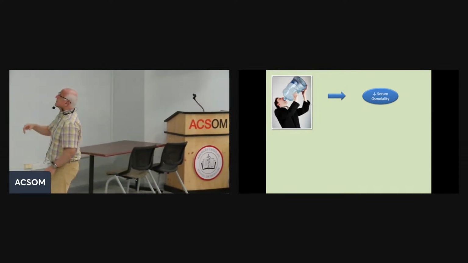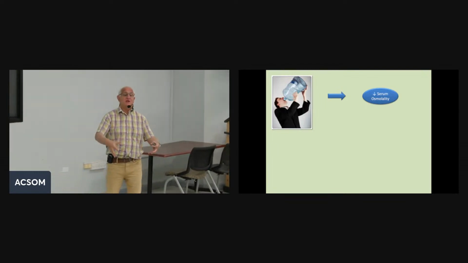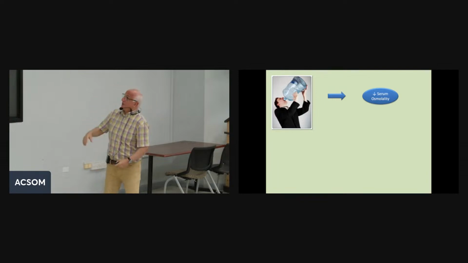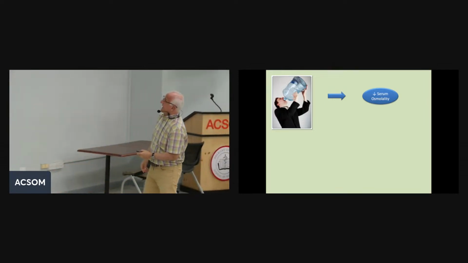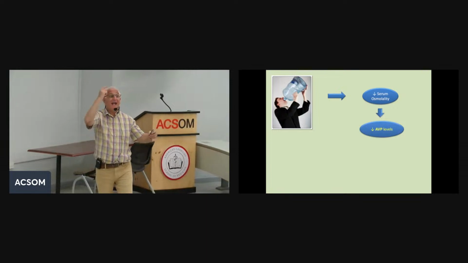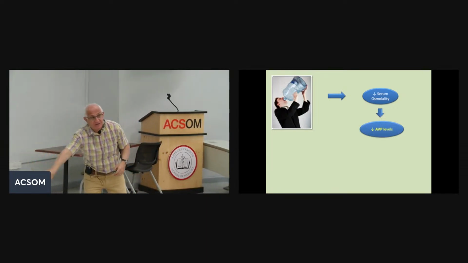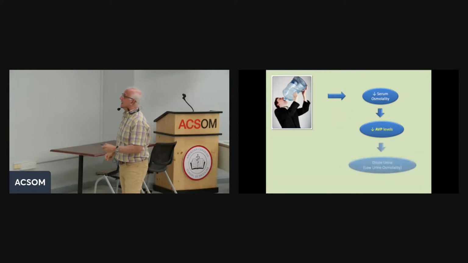So when I drink a lot of water, this water goes to my GI tract. It's absorbed. My serum sodium goes down. It is diluted, right? Serum sodium is diluted. Serum osmolality goes down. Okay. My AVP will go down, so there is no water that is reabsorbed in the collecting duct.